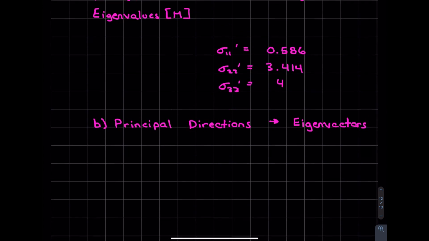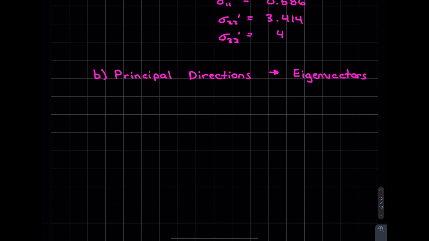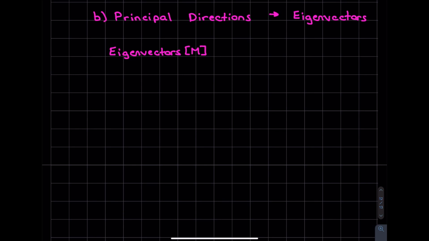Again, we have our matrix defined up there, nice and easy in Mathematica. Since the matrix is defined, all I have to do is go Eigenvectors of M, and they'll give them to me. I'll put them in terms of P, Q, and R. P is going to be equal to 1, 0, 0.